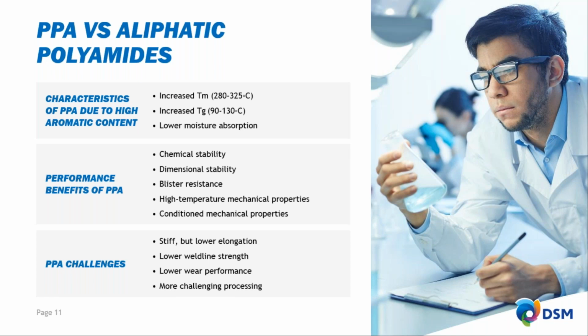It's quite intriguing, as well as it's typically more challenging from a processing standpoint. It's not difficult, but it's more challenging from a standpoint of being able to control the molding machine and the melt of the material.